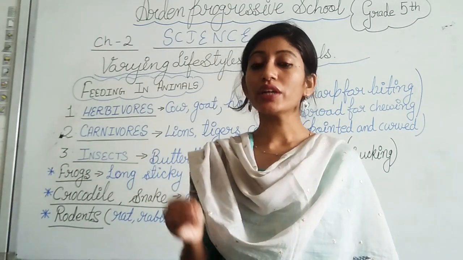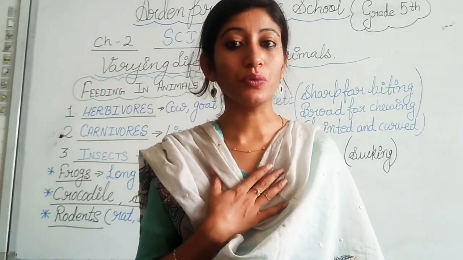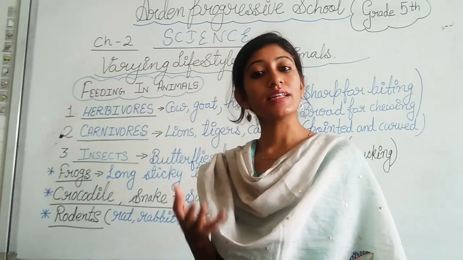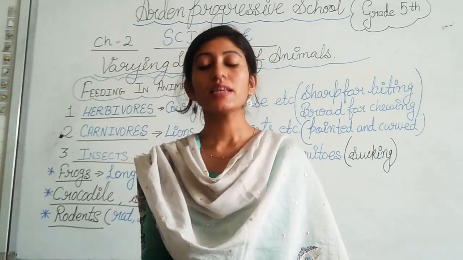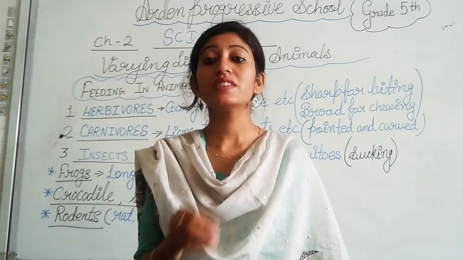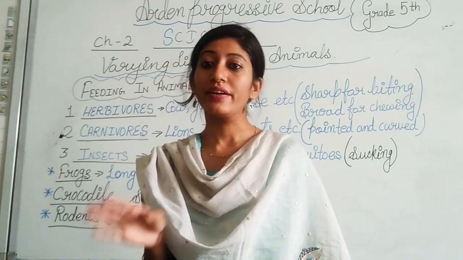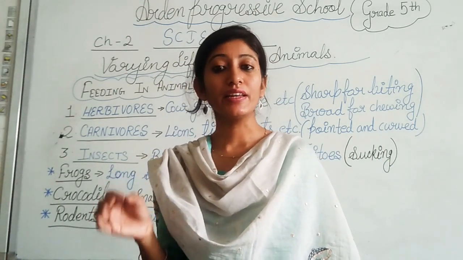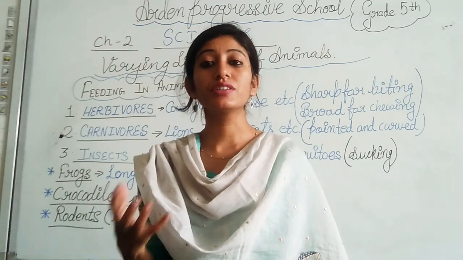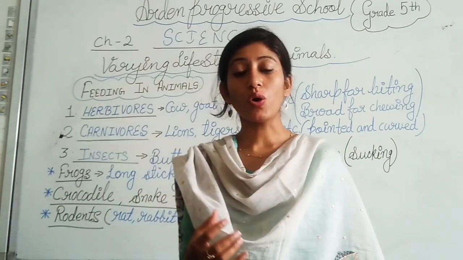So beta, according to the food habits, we know that there are some animals that eat only grass and green leaves, plants, trees, right? So what do they call them?